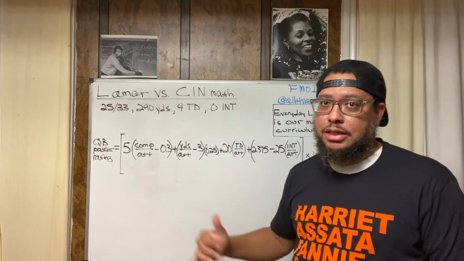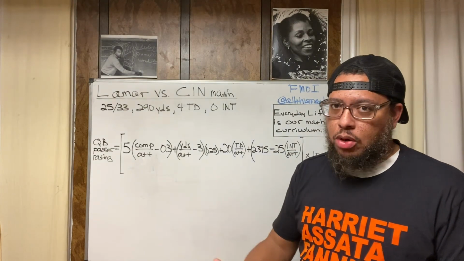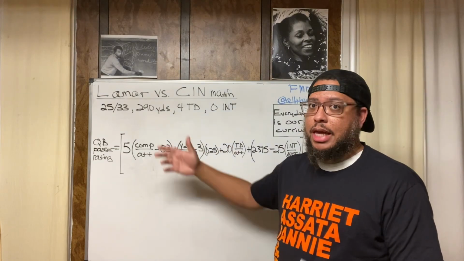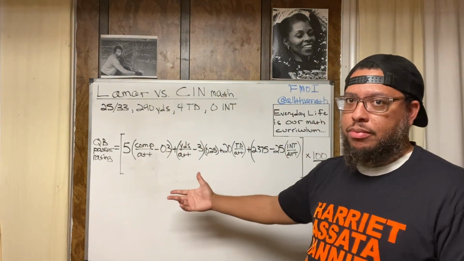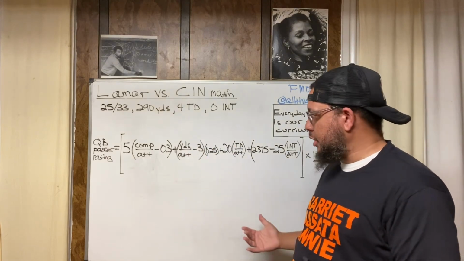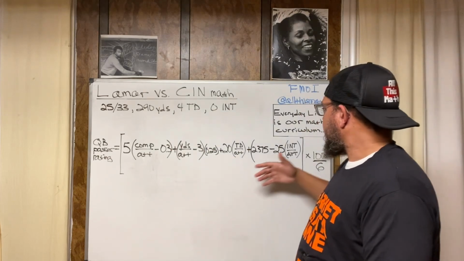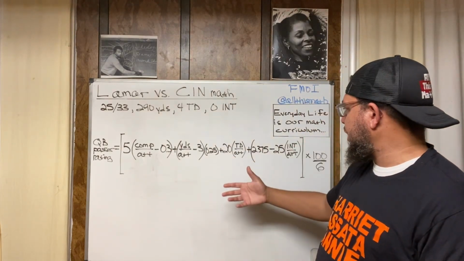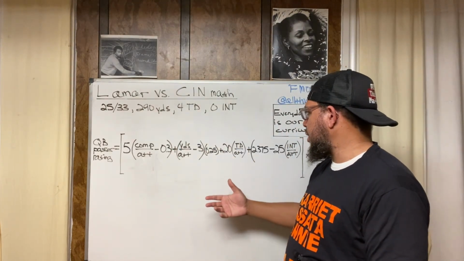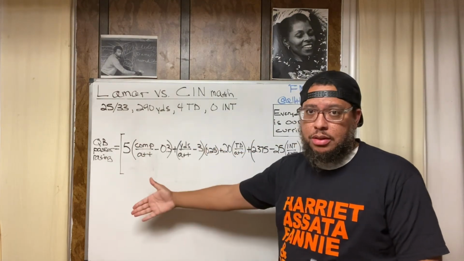So when your quarterback is sitting in class asking, why do I have to learn this? When am I going to use this in life? Let them know that they can use it to calculate their own statistics. This is algebra. This is order of operations, fractions and ratios, decimals, multiplication, division, and the distributive property, in real time.